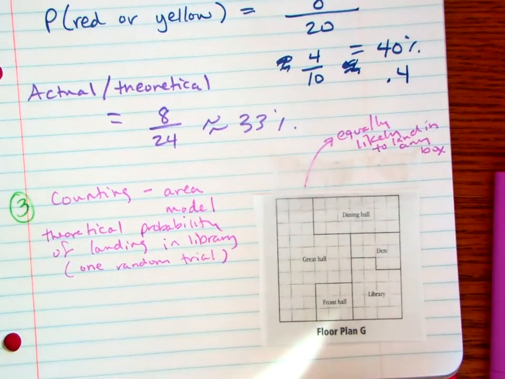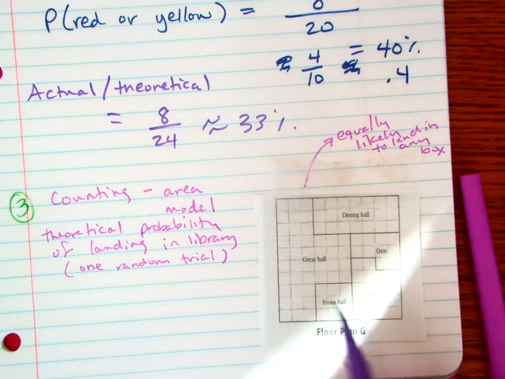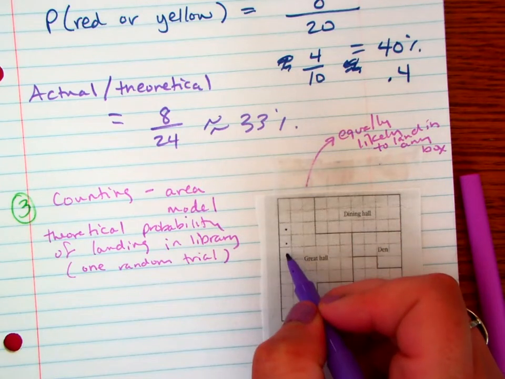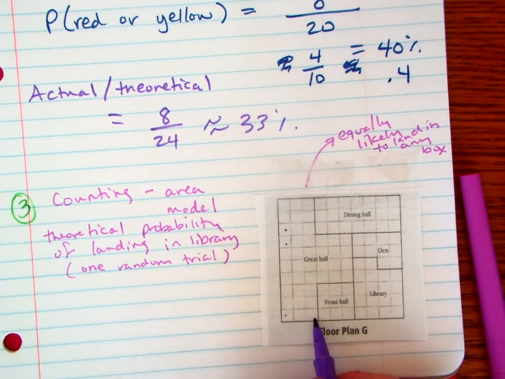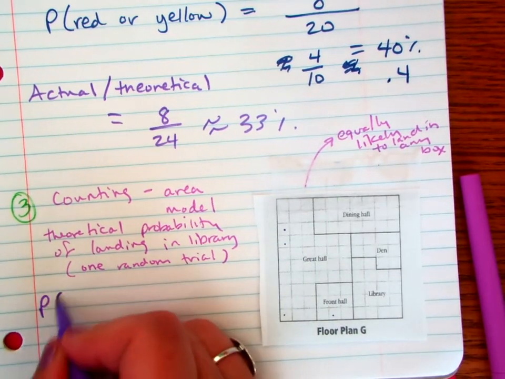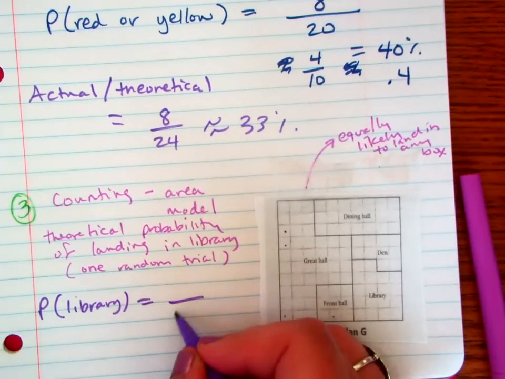Now, you can actually count through and figure out how many these are. Sometimes I do that, but right now I know it's 1, 2, 3, 4, 5, 6, 7, 8, 9, 10 down, and 1, 2, 3, 4, 5, 6, 7, 8, 9, 10 across. So this is a 10 by 10 grid, which means the total boxes is 100.